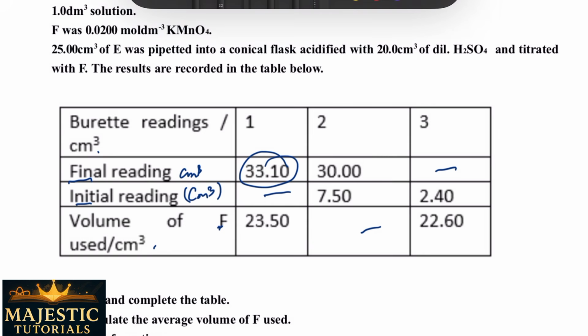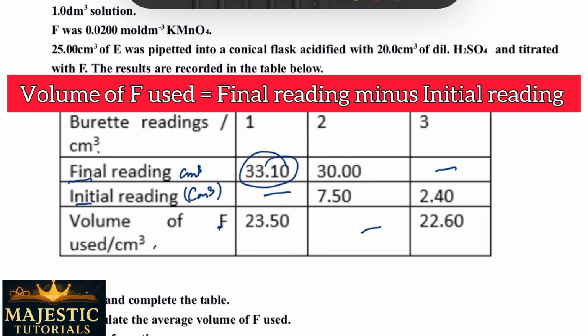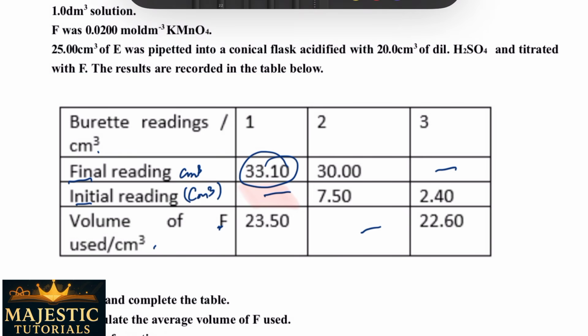So to get what should be here, we need to subtract: 33.10 minus 23.50. Whatever it gives us is the answer.